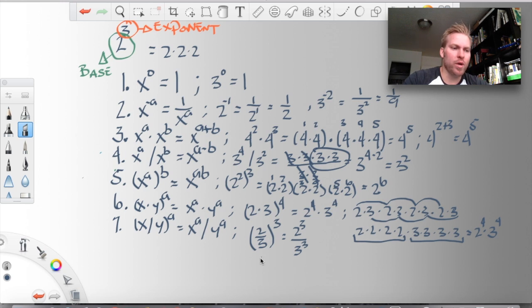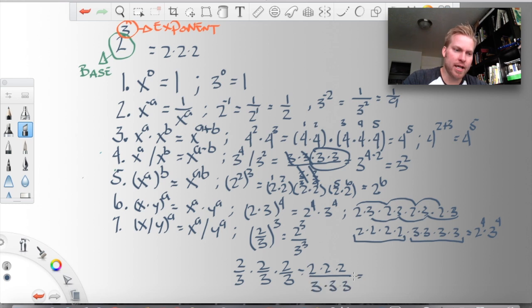But if it helps, we can multiply this whole thing out, right? I'd have 2 divided by 3 times 2 divided by 3 times 2 divided by 3. And whenever we're multiplying with fractions, remember, we just multiply straight across. So I would have 2 times 2 times 2 on top, and then on bottom, I would have 3 times 3 times 3.